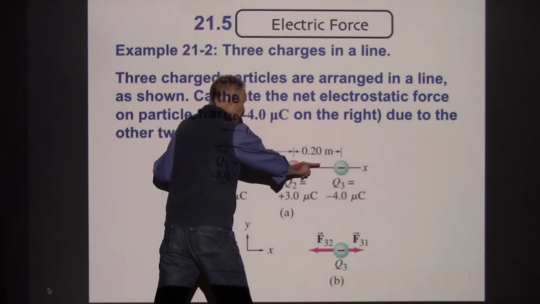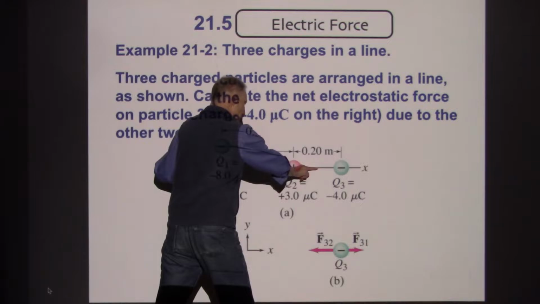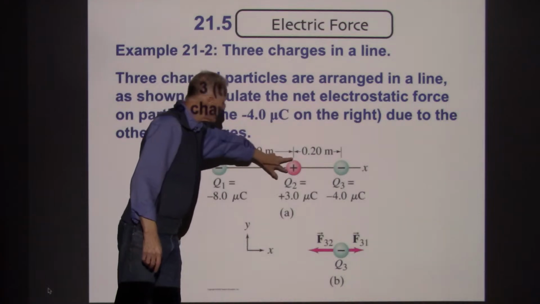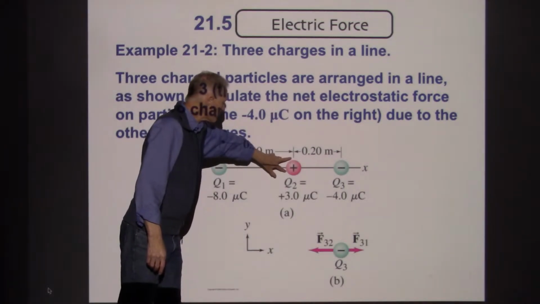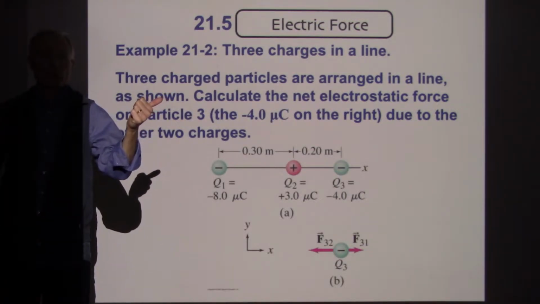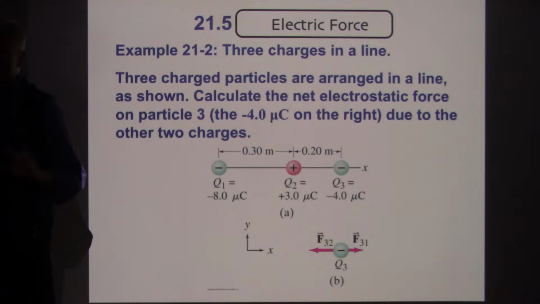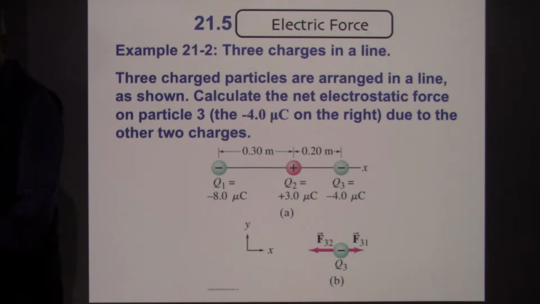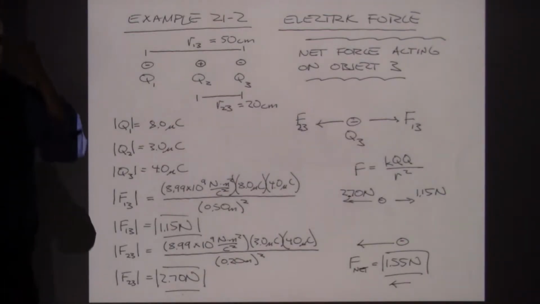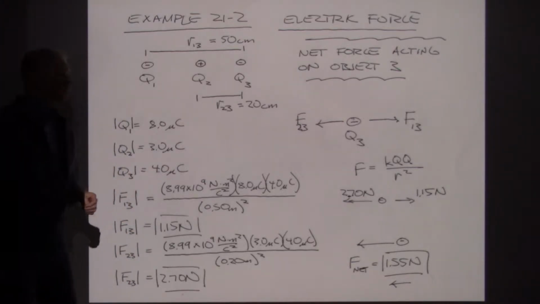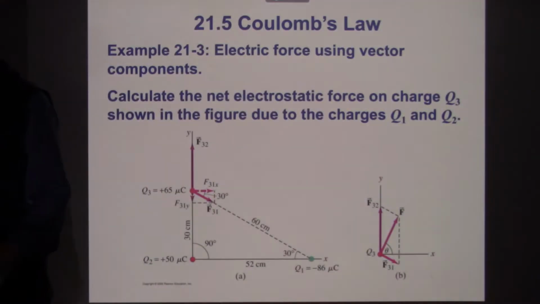So there's going to be a force 2-3 in this direction, and then there's going to be a force 1-3 in this direction, because this central object, the positively charged object, is going to experience forces in opposite directions because it's going to be attracted to the other two. So if we wanted to go back and ask what's the net force on charge 1, what's the net force on charge 2, those calculations would follow the very same reasoning that we used for charge 3. Okay. All right, that's how this works.